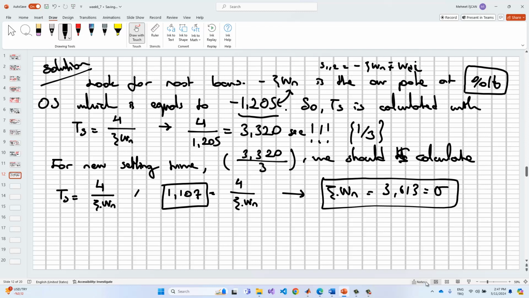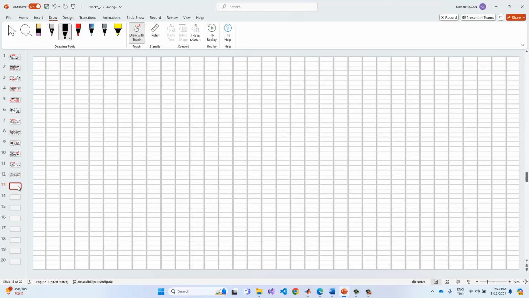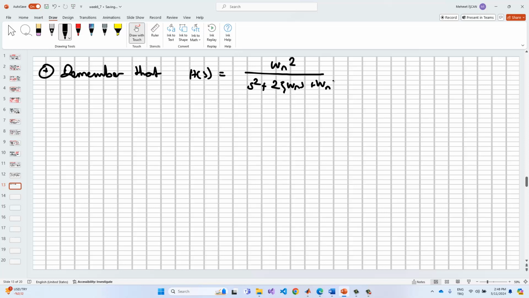Okay, and also just remember our second order equation. H(s), for example, this is the second order formulation: omega n square over s square plus 2 zeta omega n s plus omega n square, right?